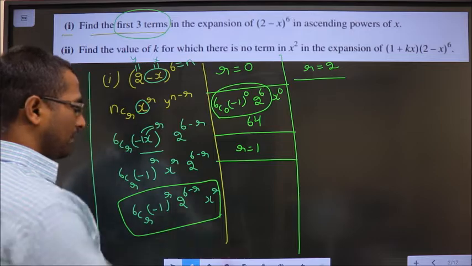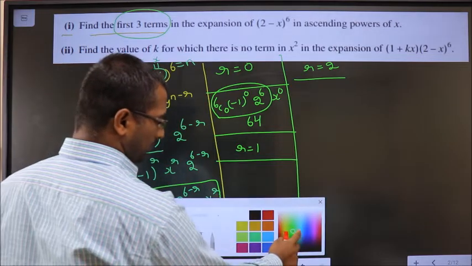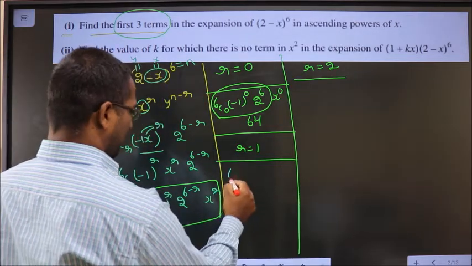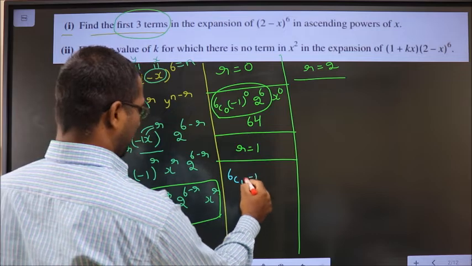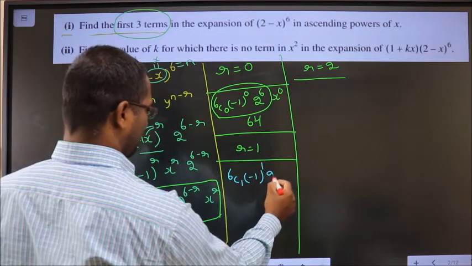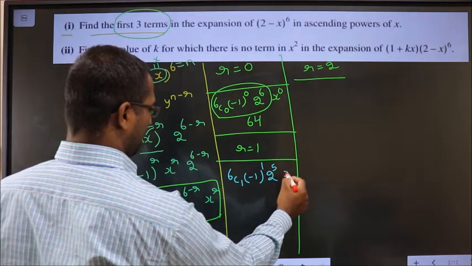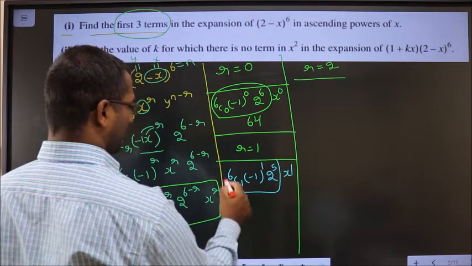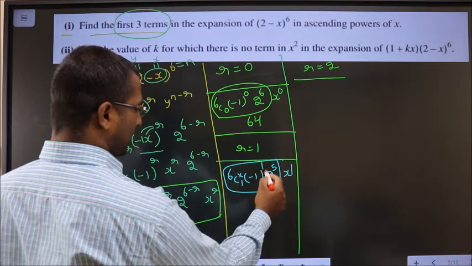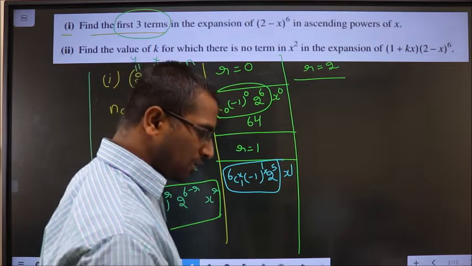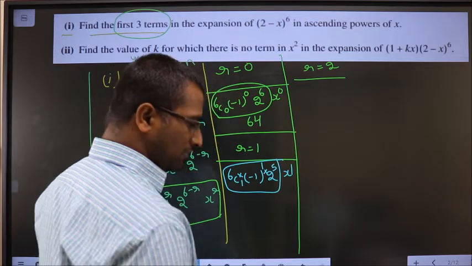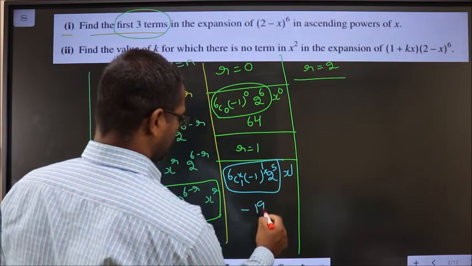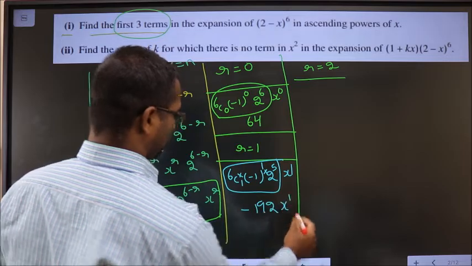Now, replace r equal to 1. So you get 6C1 minus 1 power 1, 2 power 6 minus 1 is 5, and x power 1. Put this in the calculator. You get the answer to be minus 192x power 1.